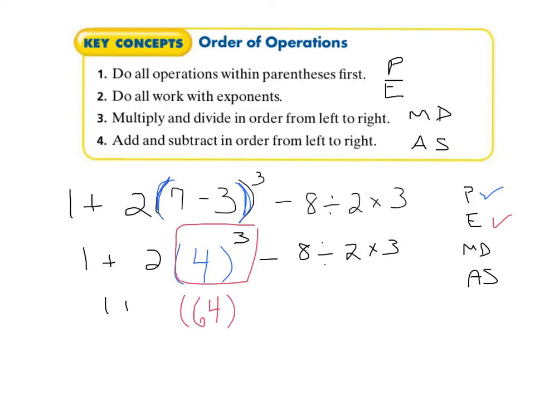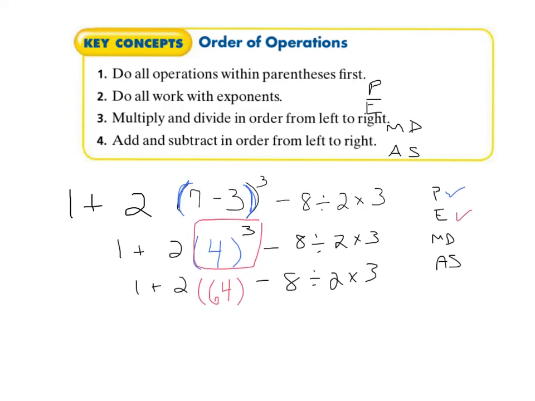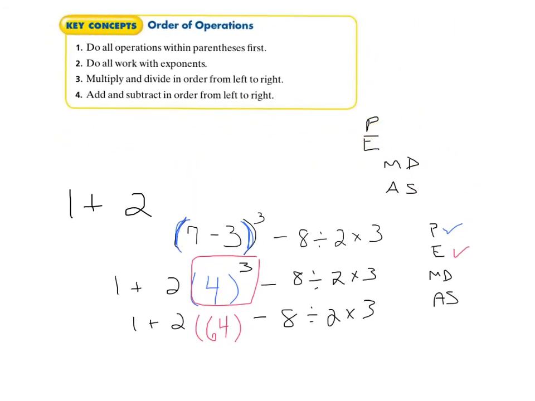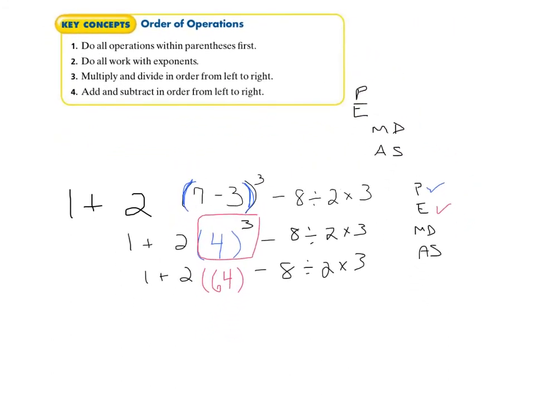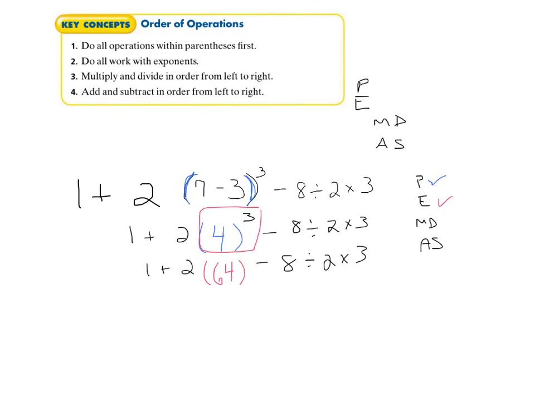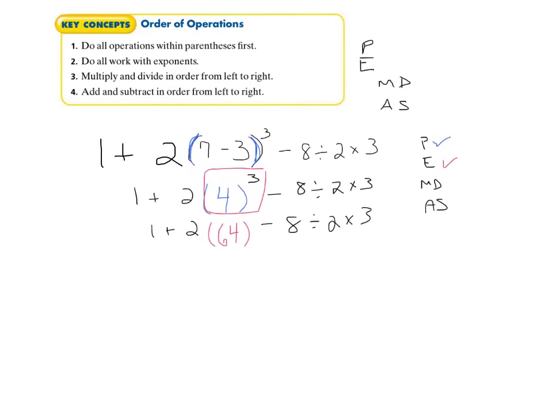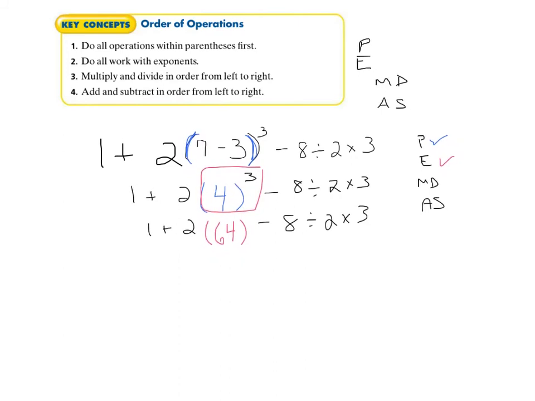So I have 1 plus 2 times 64 minus 8 divided by 2 times 3. The next step is multiplication and division from left to right.